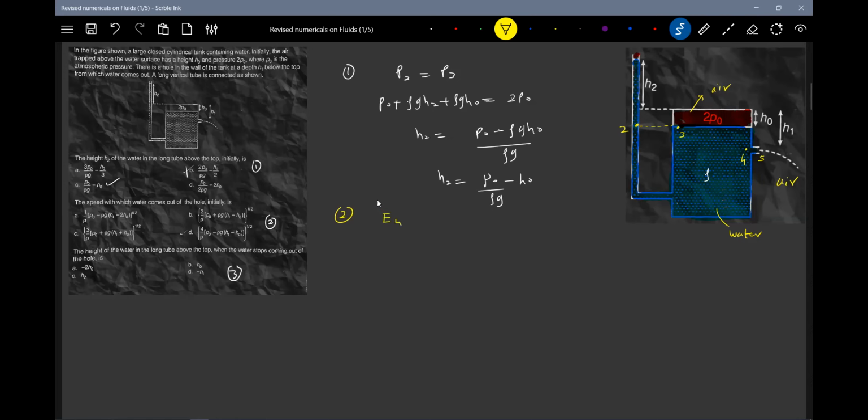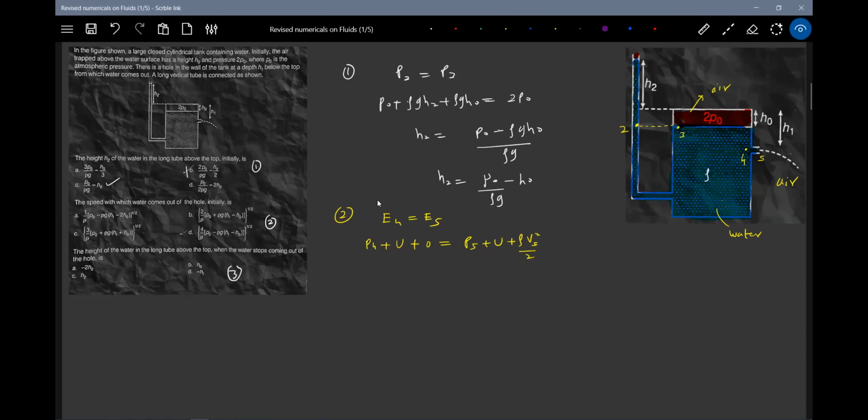Bernoulli's theorem between 4 and 5. Pressure at 4 plus energy will be same, U, plus what is the state of liquid there, at rest, pressure at 5, U, and the liquid will emerge out with a speed V5, I'll write it.